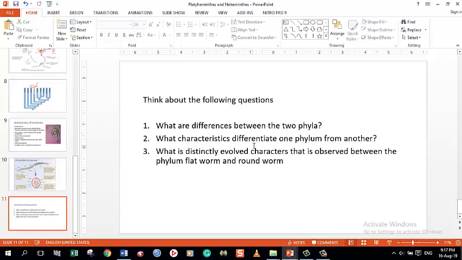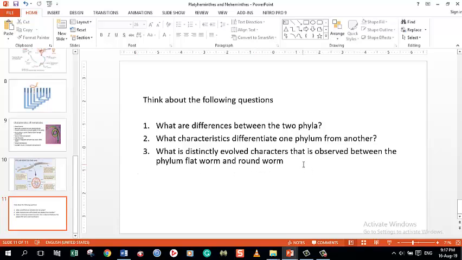What characteristics differentiate one phylum from another? We have discussed both the phyla here. Please look at which are the distinct characteristics that differentiate one phylum from another. What is the distinctly evolved character observed between flatworm and roundworm?